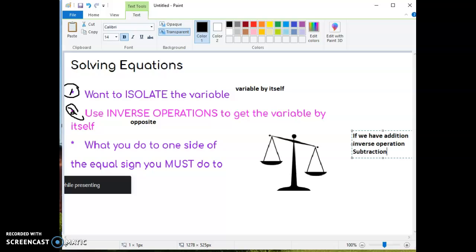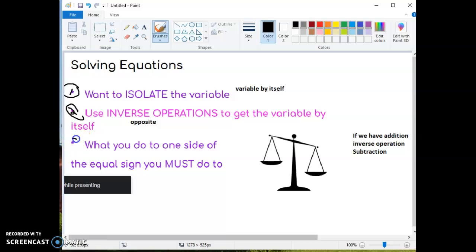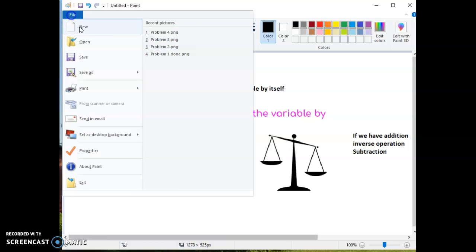And same thing if we have subtraction, the inverse operation is addition. Okay? And then step 3, what you do on one side of the equal sign, you must do to the other. Okay? So this is something you should write down, have with you as we go through these steps. Okay? If you need to pause, go for it.